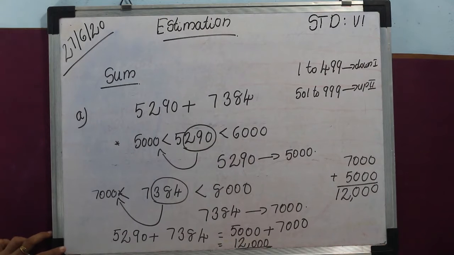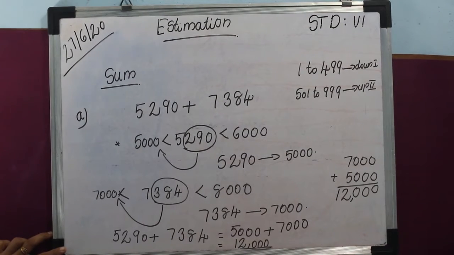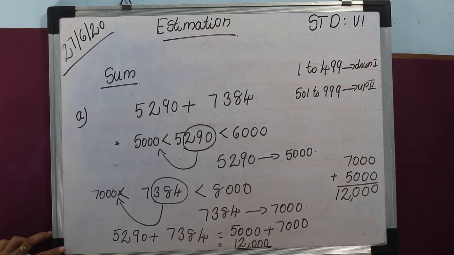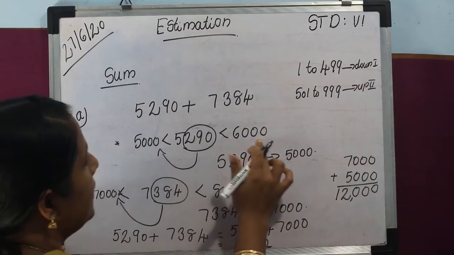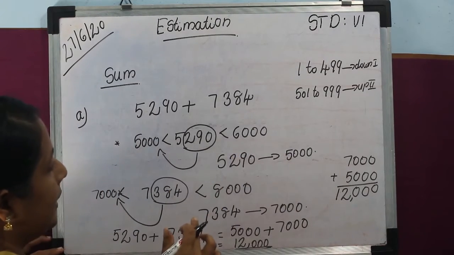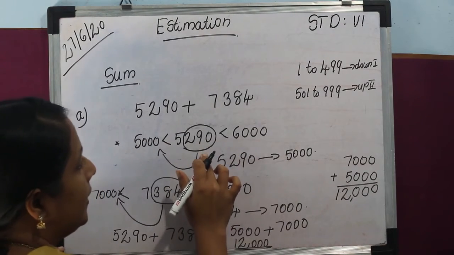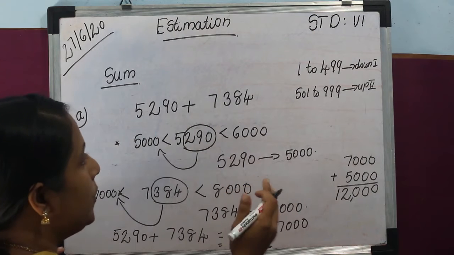First example, consider the number 5290 plus 7384. Take the first number 5290. We know that 5290 lies between 5000 and 6000. Then we take the number 290. Then 290 belongs to the down category.